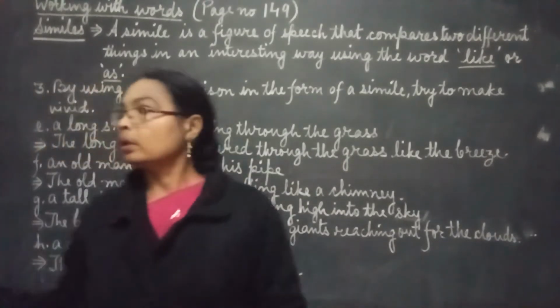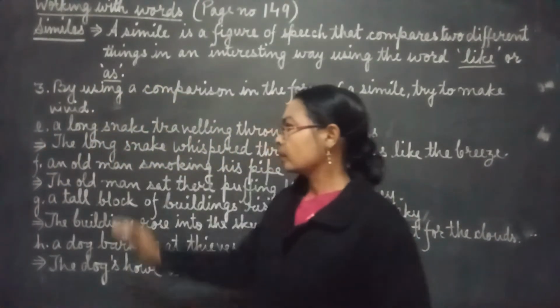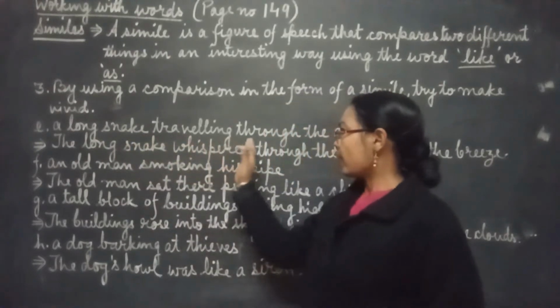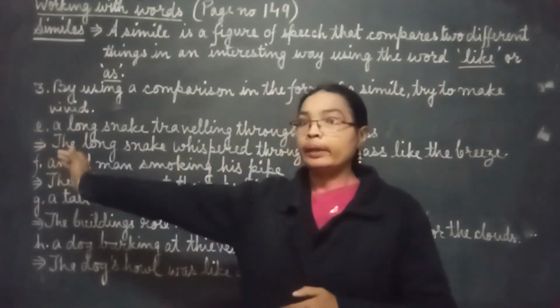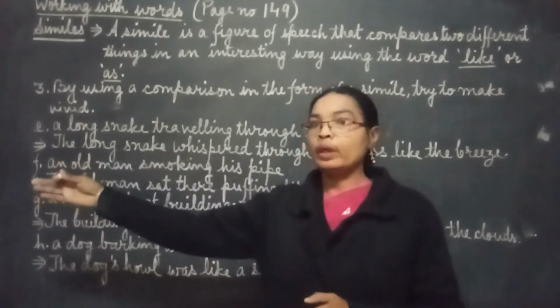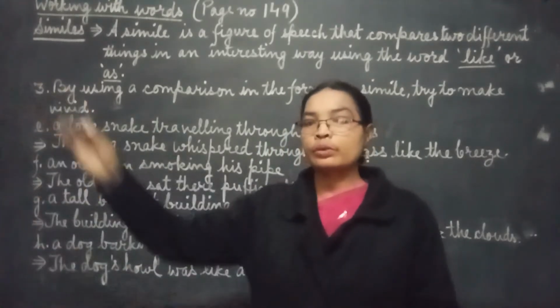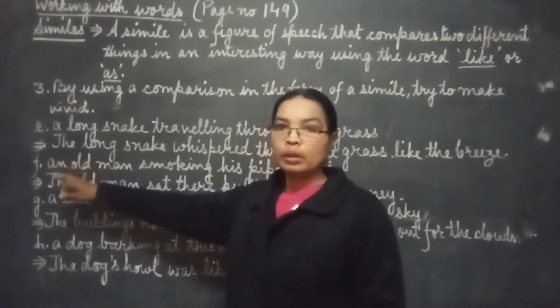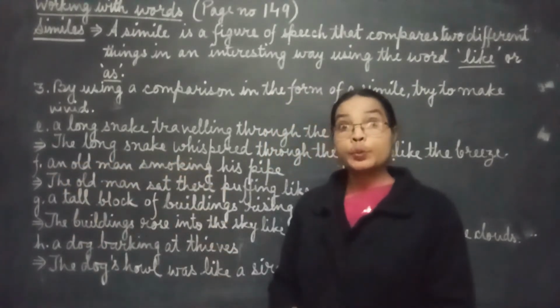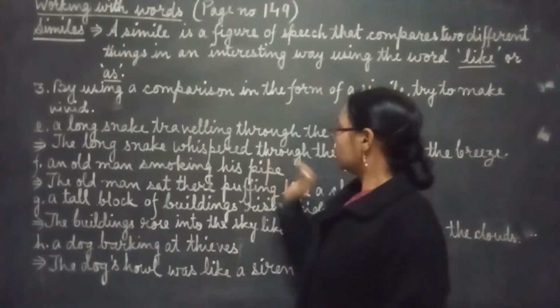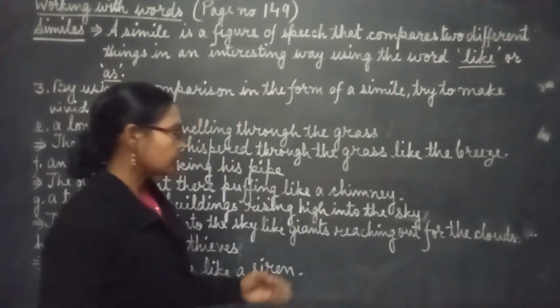Come to number E. A long snake traveling through the grass. A long snake is there and that snake is moving inside the grass and passing through. So, it is solved. The long snake whispered through the grass.